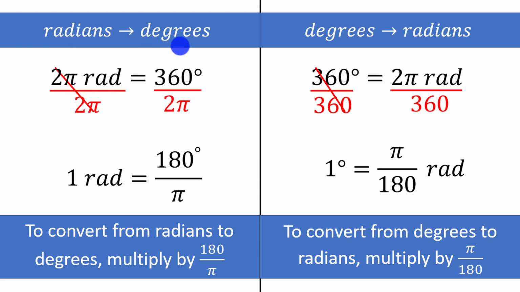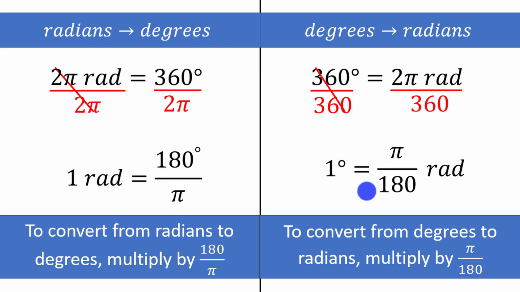But degrees are not expressed in terms of pi, right? So that means you want to get rid of the pi. Dividing by pi typically means you're going to be canceling some sort of pi in your original expression, right? So if we divide by pi, that's going to get rid of the pi and it's going to leave us with something in terms of degrees, right?